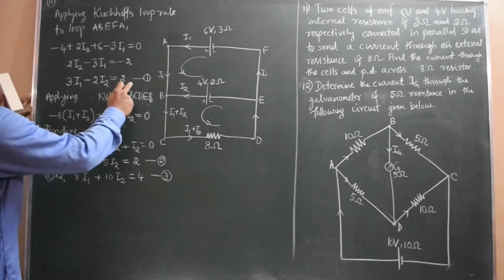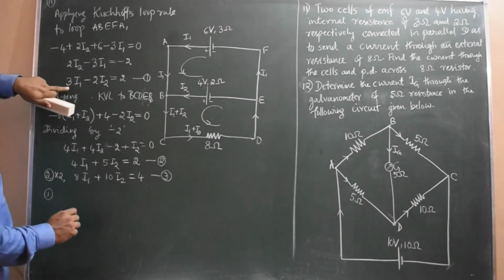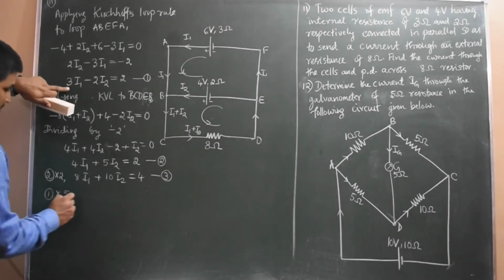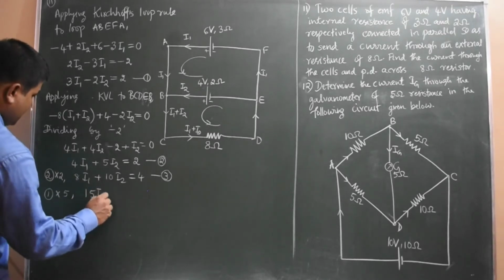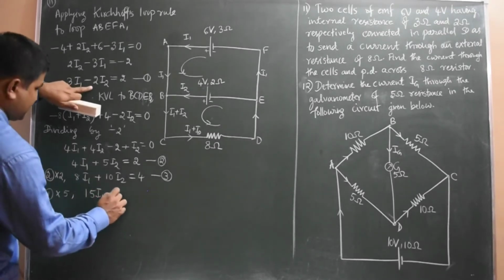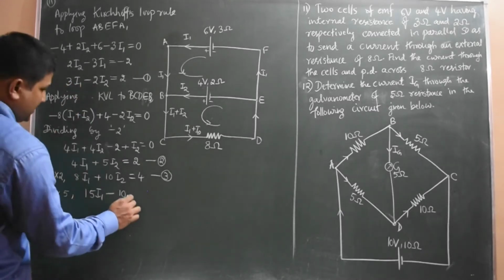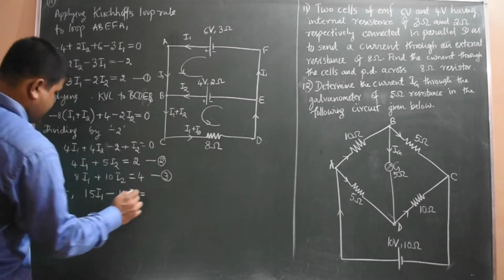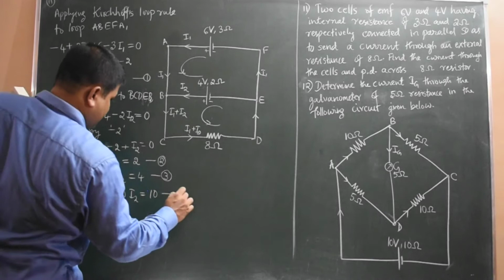Then equation 1 into 5 gives you 15I1 minus 10I2, since 5 multiplied by minus 2 is minus 10, and the RHS is 5 into 2, 10. This is equation number 4.